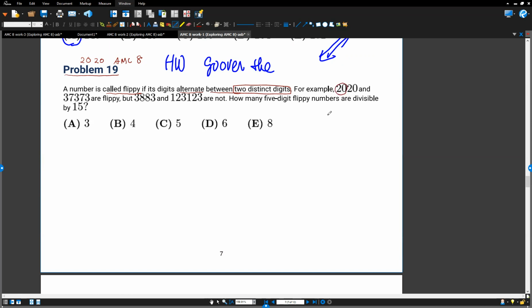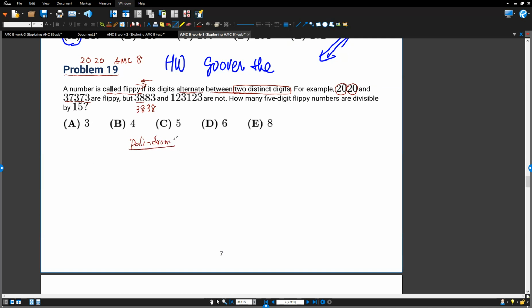Only two distinct digits, then repeating. 37 is flippy. 30 is flippy. 38 is flippy, but 38, 83 is not flippy. What is this number, 38, 83? A palindrome number. You can read it left to right or right to left, and it is the same number.